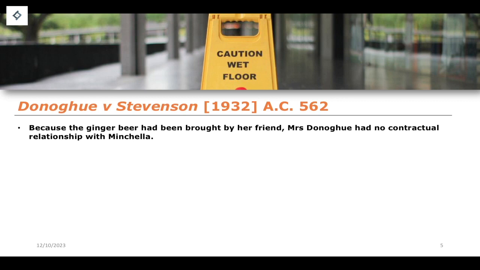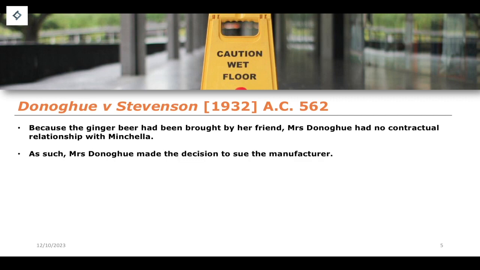So there was no claim there. In addition to this, Minchella didn't have any liability because there was no duty of care in the fact that they had received the opaque bottles already sealed and didn't make any final extra checks, and it would have been impossible for them to make any extra checks as to the contents of each of the bottles anyway.